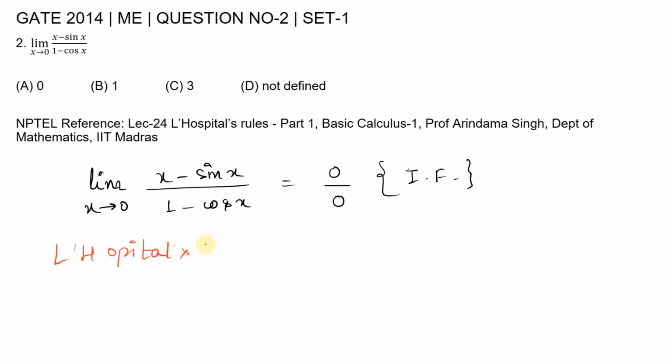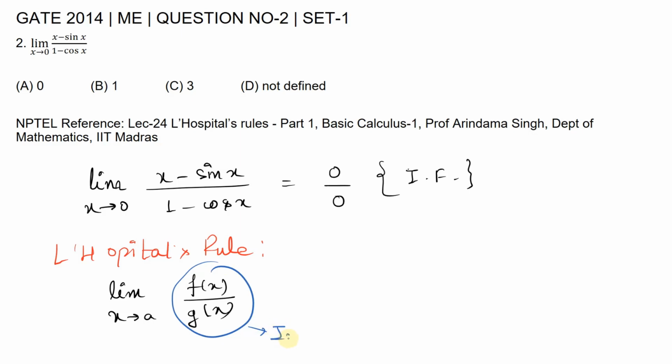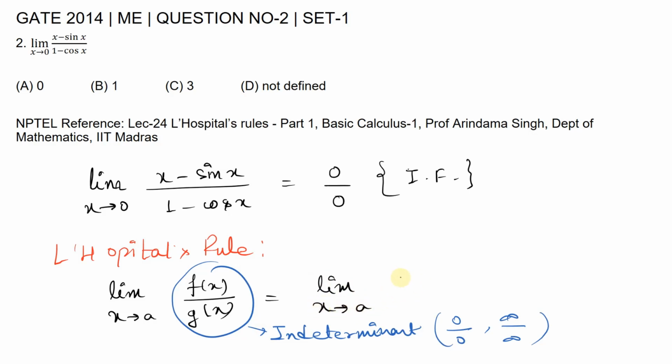L'Hopital's rule. According to L'Hopital's rule, if we have some function, suppose limit x tends to a, f of x upon g of x, and this f of x upon g of x is an indeterminate form, let's say 0 by 0 or infinity by infinity, then this limit can also be written as limit x tends to a, f dash of x upon g dash of x.